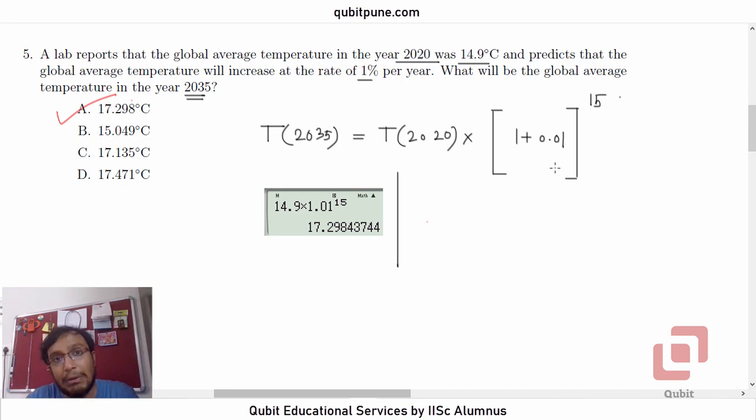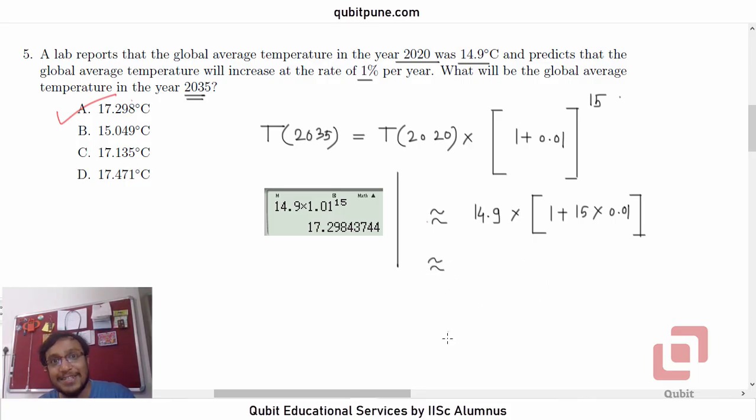We often use this approximation in physics, especially in the electric dipole derivation where we use the cosine rule to find potential at a point. We don't consider the higher terms there. Now if you approximate it here, it's 14.9 times 1 plus 15 times 0.01.